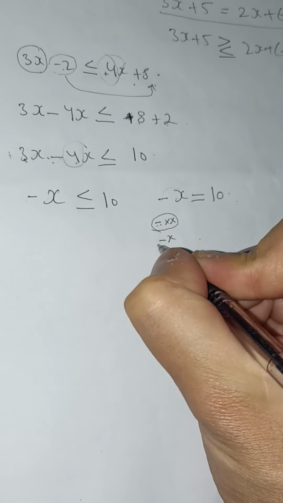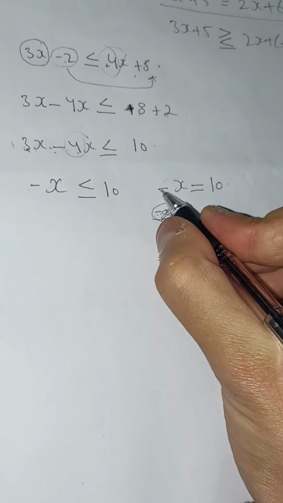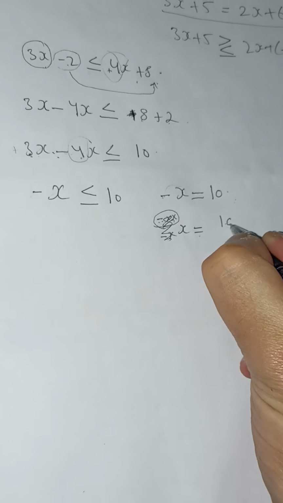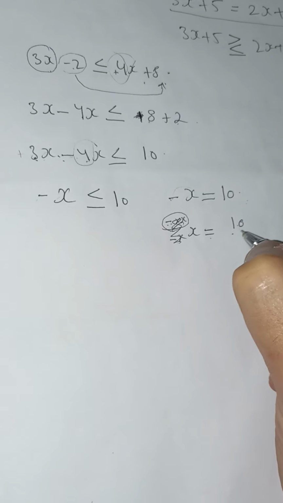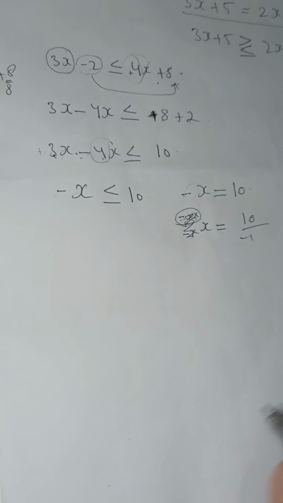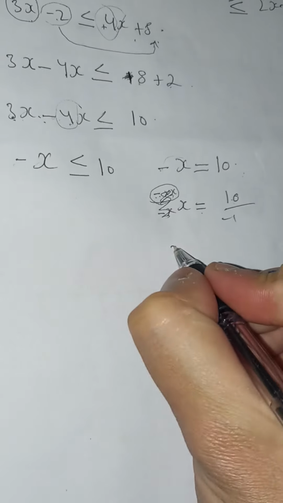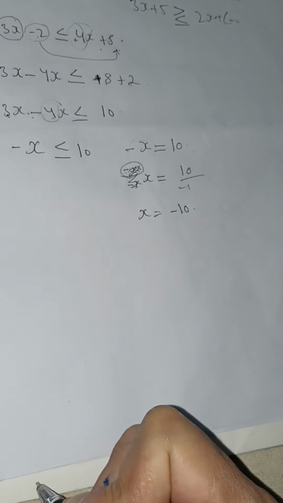So x is equal to 10 divided by this minus 1, and we can write it as x is equal to minus 10. Very simple.